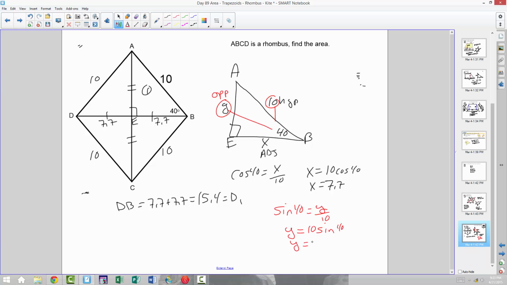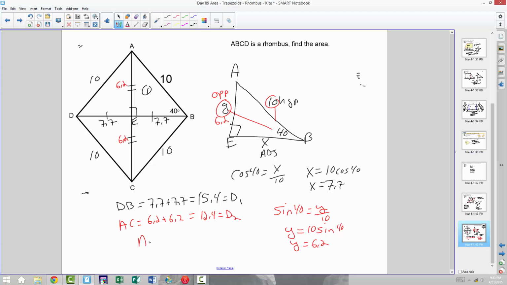Go to your calculator, do 10 times sine 40, round to the nearest tenth, and you get 6.2. So if y is 6.2, and therefore that's 6.2, A to C is 6.2 plus 6.2, which is 12.4, which is D2.